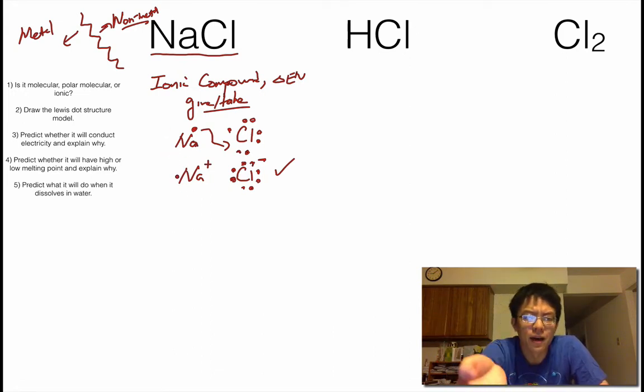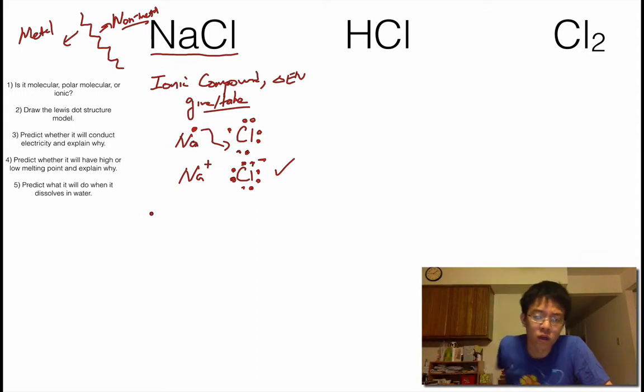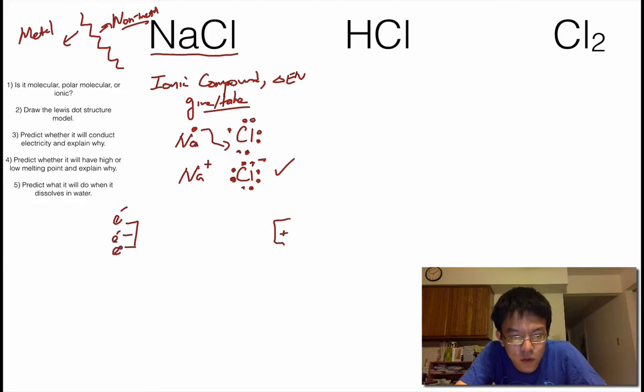All right. Now I want to predict if this can be conductive, and the answer is, well, yeah, ionic compounds can be conductive, especially when they're placed in water or when they're a liquid of some form. And the reason is, if we think about this as the 2 ends of a conductivity test, like the 2 ends of the metals, well, the electrons on the negative end are trying to jump across to the positive end, but they can't because it's too far.